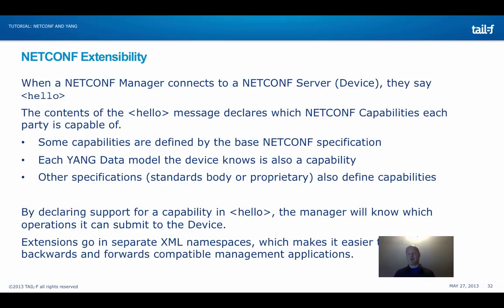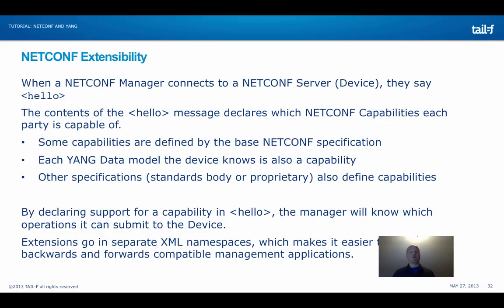And that can be both which standard things they support, but also private extensions. The Netconf specification itself defines a couple of capabilities that are published in the hello. And interestingly enough, and very important, the Netconf server exposes its Yang data models to the Netconf client. That's also a capability. So which data models are supported by the device, say hello, you'll get a list of the data models back.